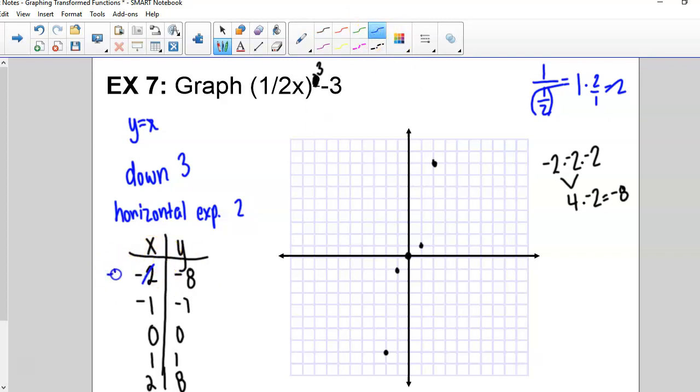So this will be -4, -2. This will still be 0. I'll have 2. I'll have 4. And so I've got -4, -8, -2, -1, 0, 0 stays where it was at, 2, 1, and 4, 8.